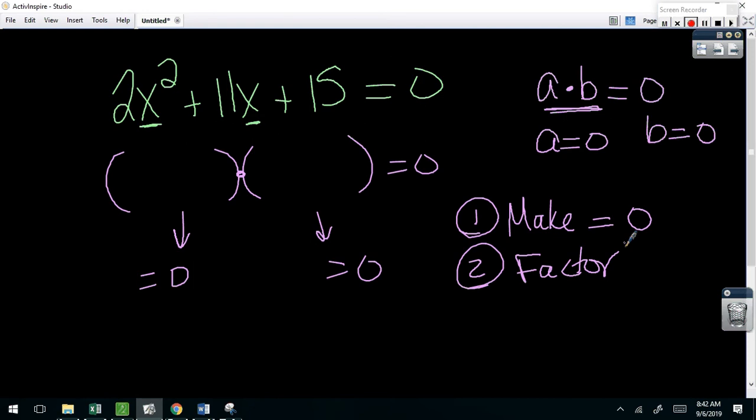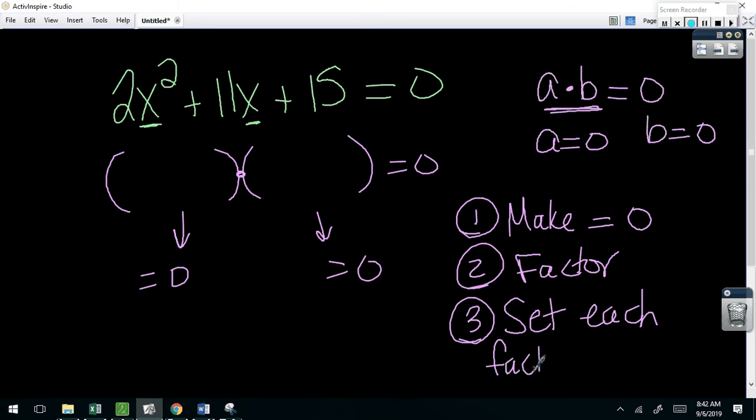Oh, you already factored it? 6 and 5? Okay. Hang on, let me finish putting this and then we'll factor it. And then finally, we're going to set each factor to 0, which means each parenthesis, and solve individually.